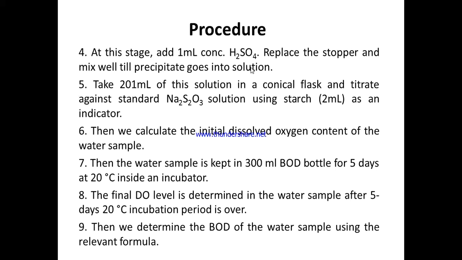Okay, here it has been written precisely 201 milliliter. We can take, otherwise we will take 100 to 150 ml of water sample from the BOD bottle in a conical flask. हमें conical flask में 150 से 250 या फिर 201 ml भी ले सकते हैं of the solution we take, okay, in a conical flask and we add starch as indicator.